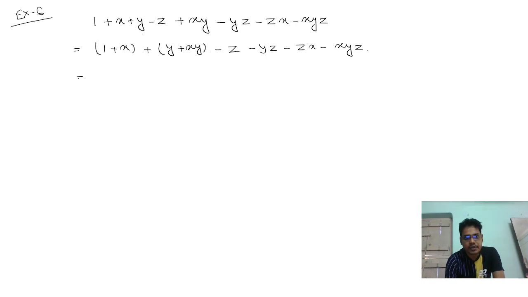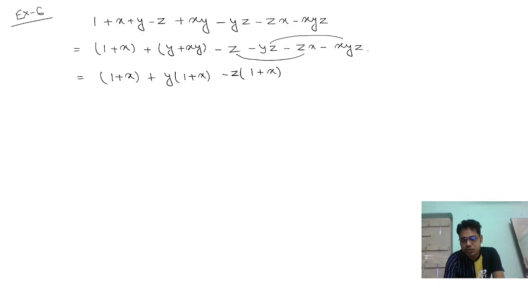Let's check what happened. So here 1 plus x, plus in this group you can see that y is common, so it will be y into 1 plus x. Now here in these two terms take minus z common, so it will be minus z into 1 plus x.